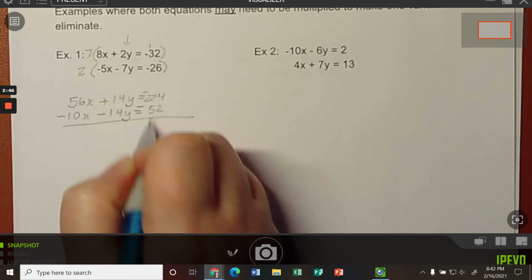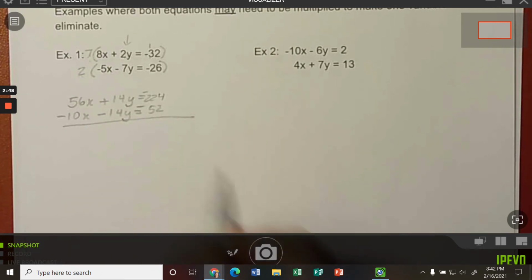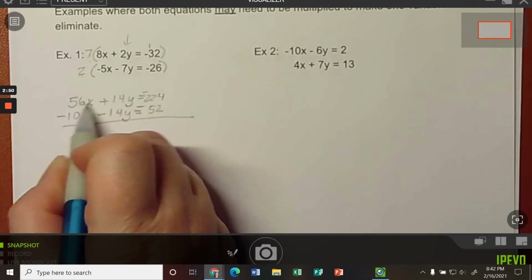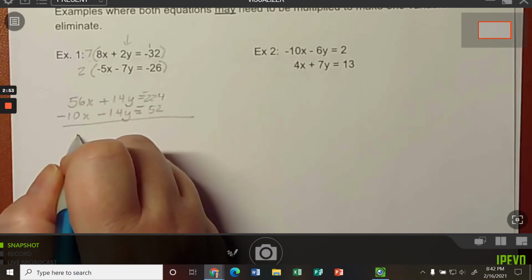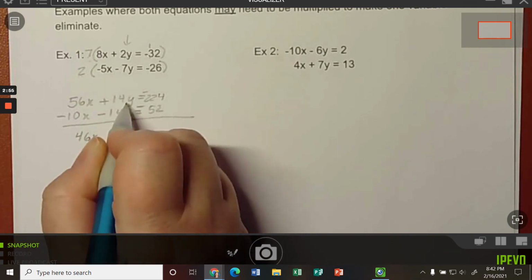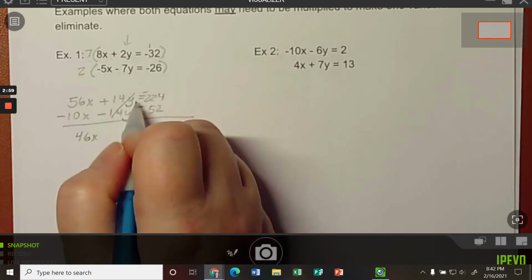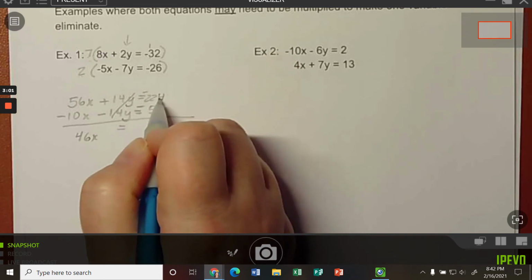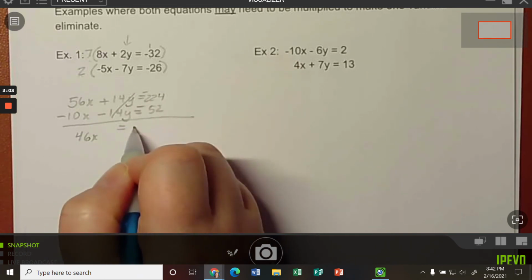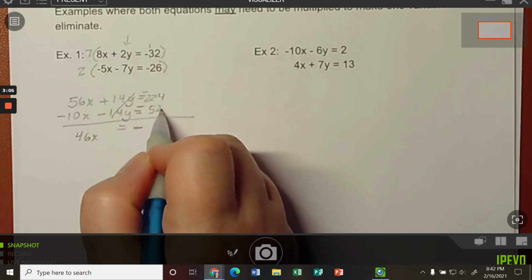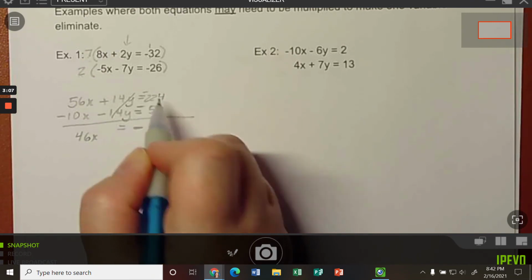Okay, so now we can add these two equations together. 56x minus 10x is 46x. 14y minus 14y is 0, so this eliminates. Bring down the equal sign. A negative plus more negatives equals even more negatives. 4 plus 2 is 6. 5 plus 2 is 7.